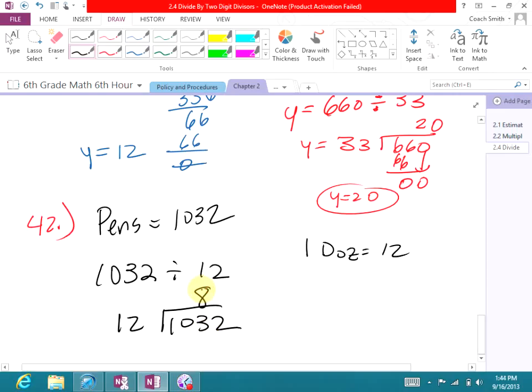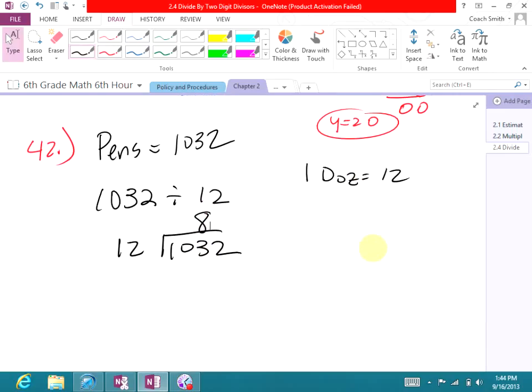That's why you're supposed to know your times tables. 6 times 12 is 72. 5 times 12 is 60. 8 times 12 is 96. That's why you're supposed to have those memorized without having to think about it for 5 minutes. Now, you take those two away from each other, and it's 7, and I bring down my 2. 12 into 72. 12 times what equals 72?